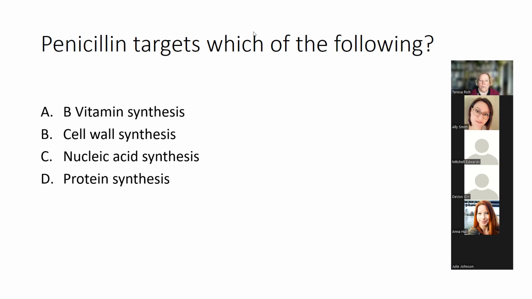Okay, so penicillin targets which of the following? Let me relaunch this. I think I clicked a few too many things. There we go. Now you can see the poll. Hopefully you can see the poll.